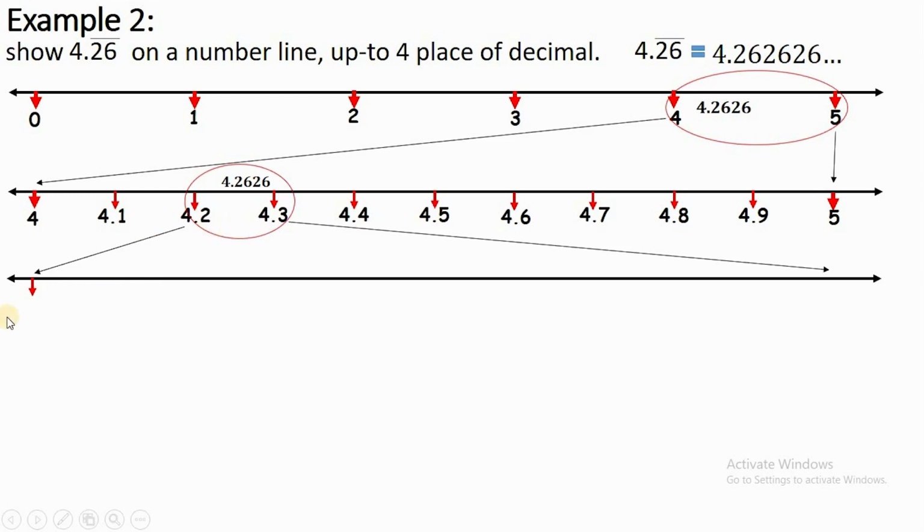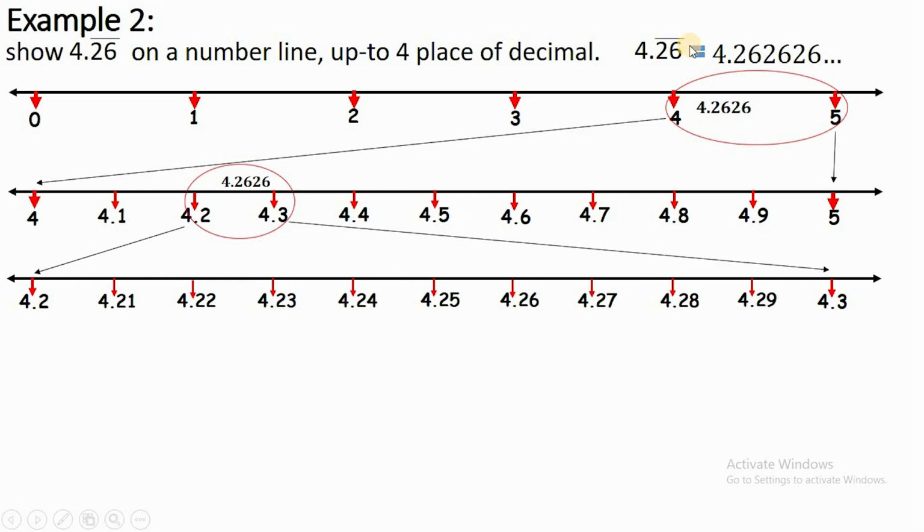Here we have 4.2 and here we'll write 4.3. Again you divide the given portion in 10 equal parts. And this first one represents 4.21, and then we have 4.22, 4.23, 4.24, 4.25, 4.26, 4.27, 4.28 and 4.29.